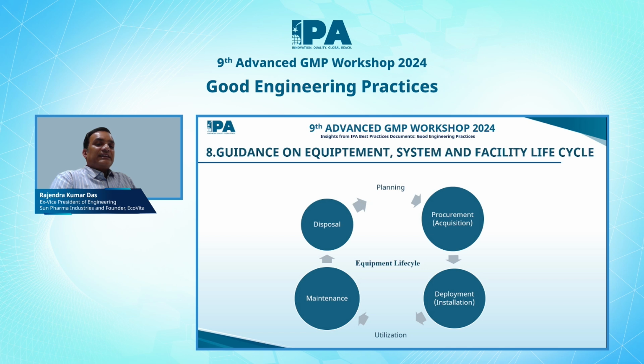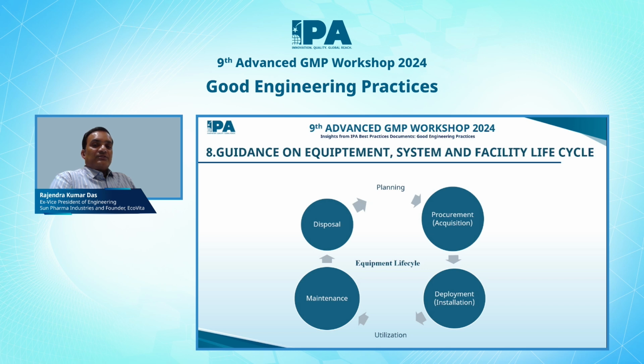Most of the time we didn't have a process for how it will be retired or assessed for its fitment, so we keep requalifying till it may fail qualification. But this document extensively describes how it needs to be managed over the whole life cycle of the equipment.